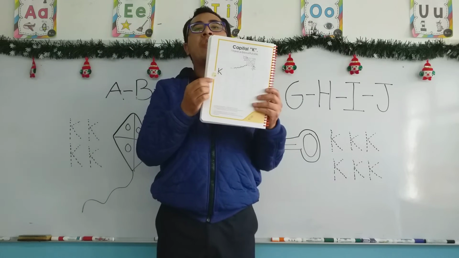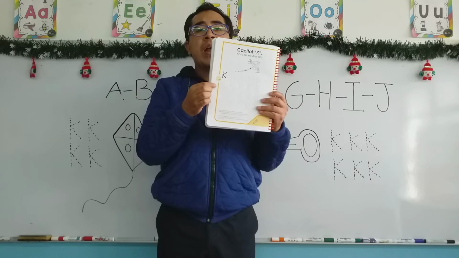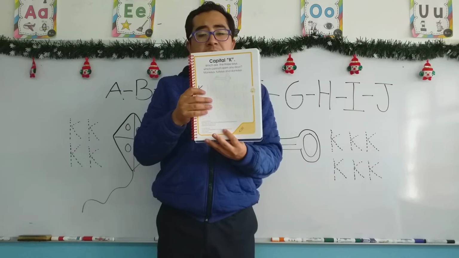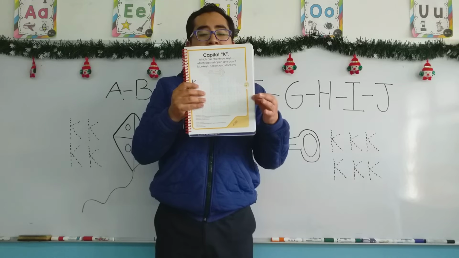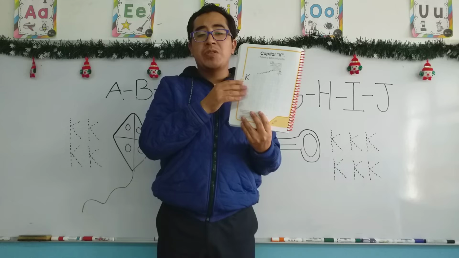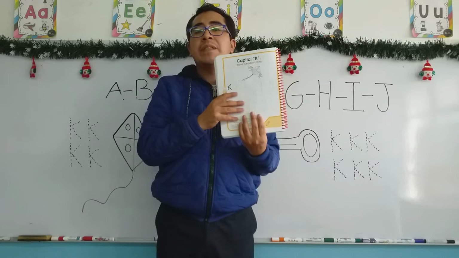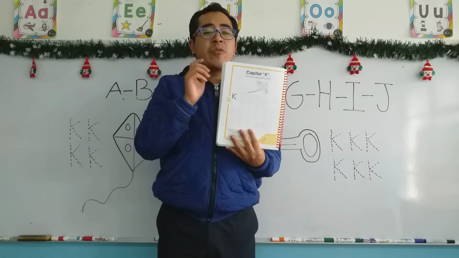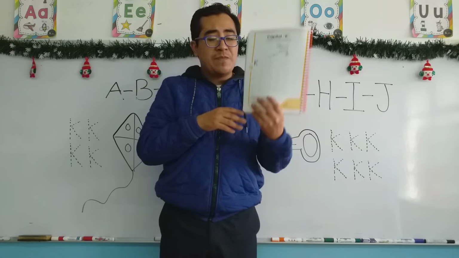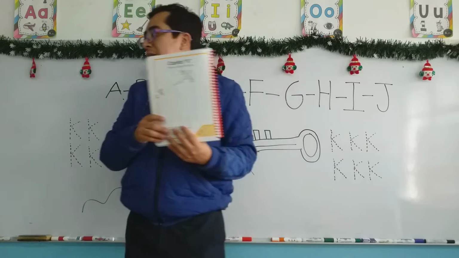Page 132, 133. As you can see here, my children, the most important part of each one of the activities is, of course, the tracing of the capital K. So, let's commence first with kite.